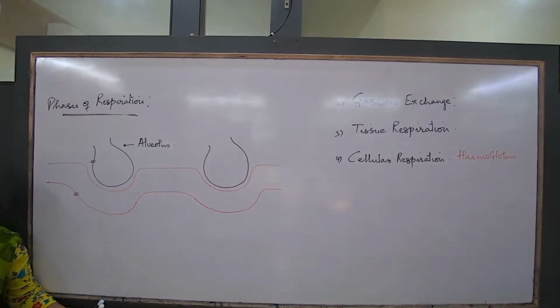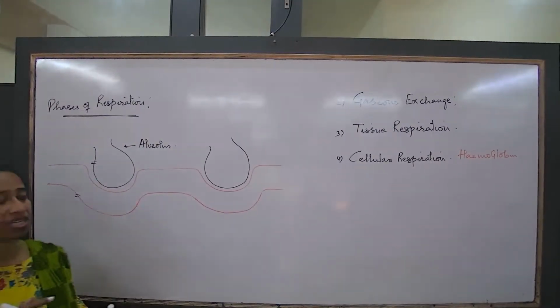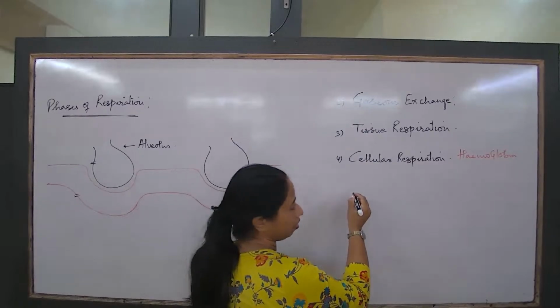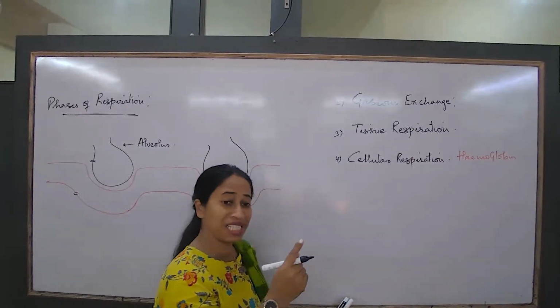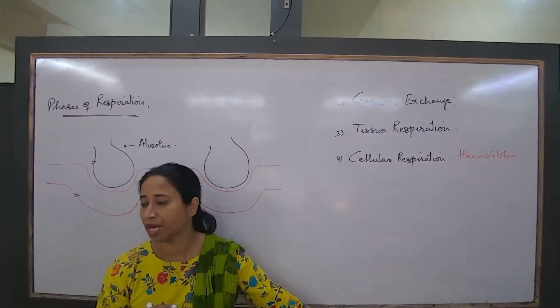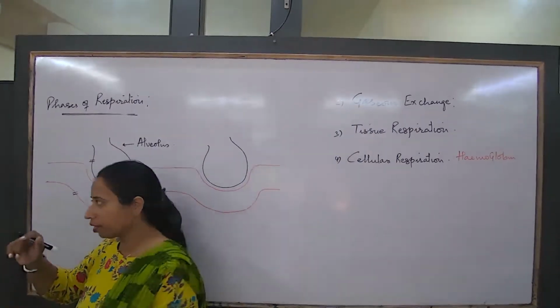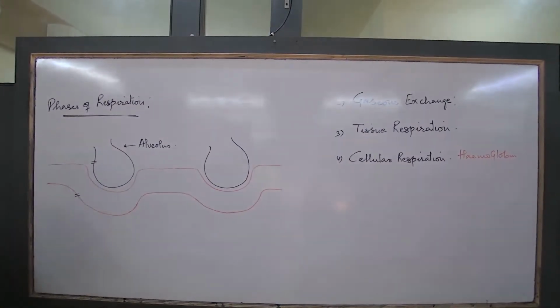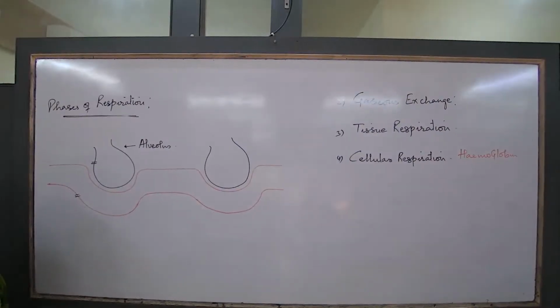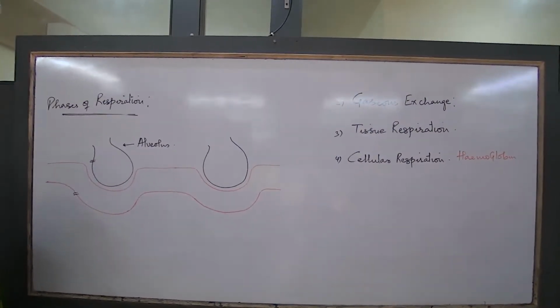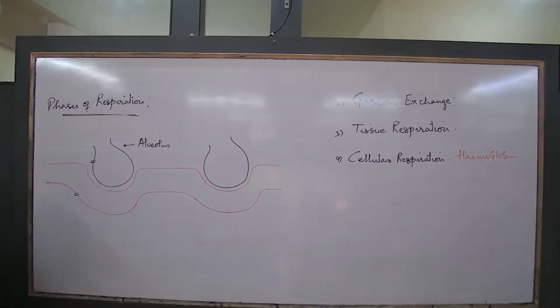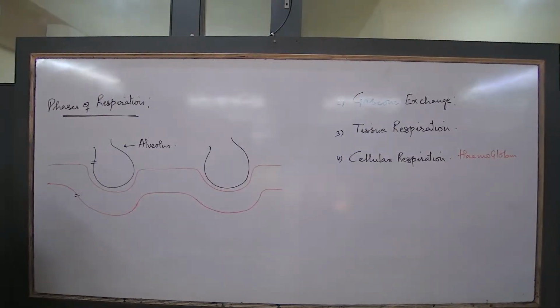So we are going to come across this, but now that we are talking about the blood vessels, we have to find a relation of the blood vessels surrounding the alveolus, surrounding the lungs all over. This entire cluster of alveolus in our lungs is richly supplied with blood vessels.